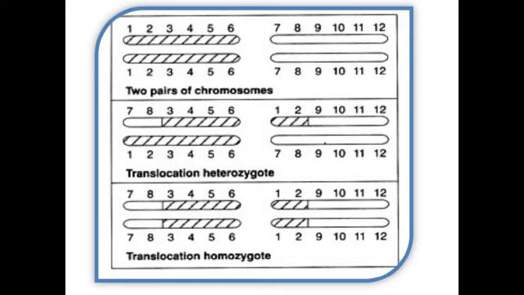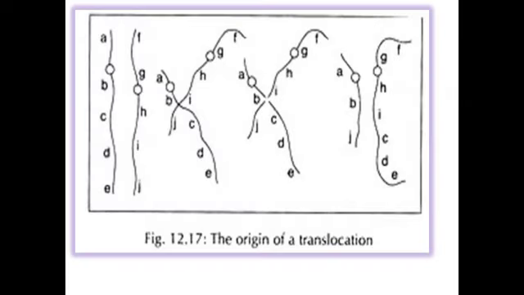This picture shows the translocation in heterozygote as well as in homozygote condition. Simultaneously, this picture tells about the translocation of some genes between two homologous chromosomes.